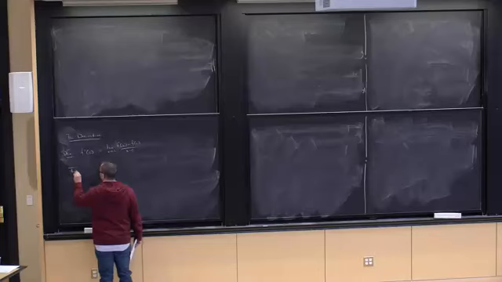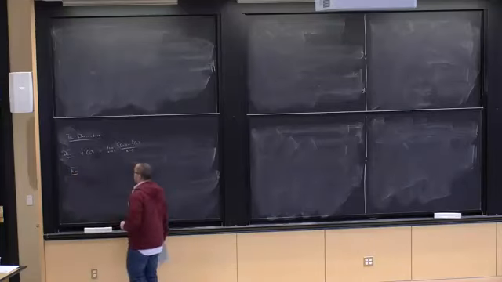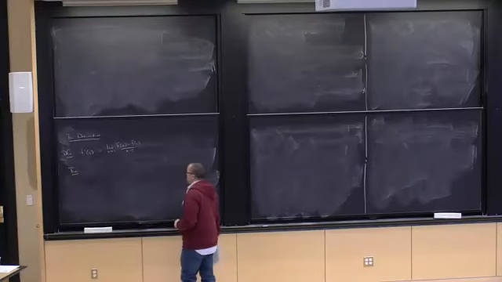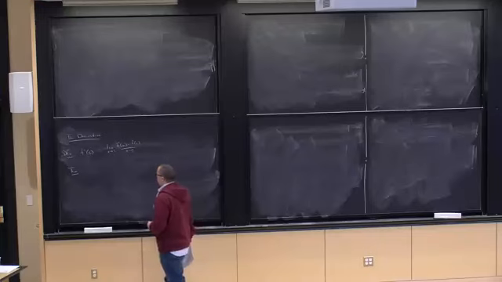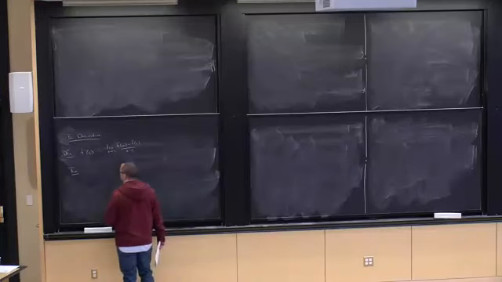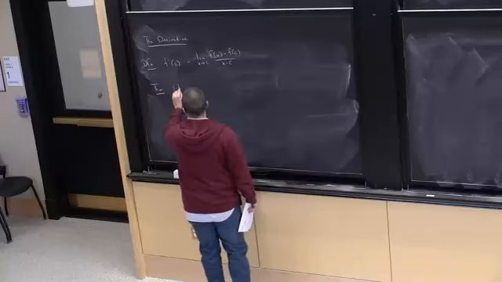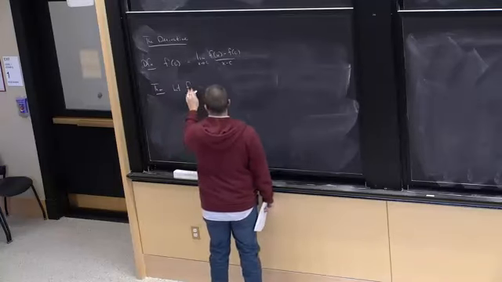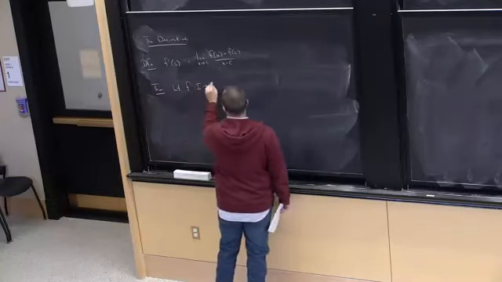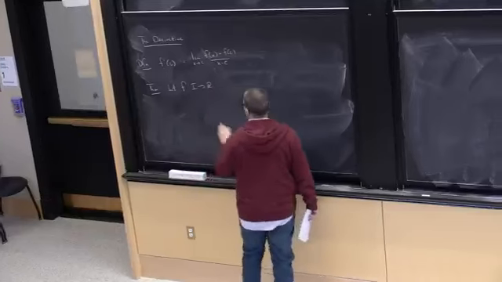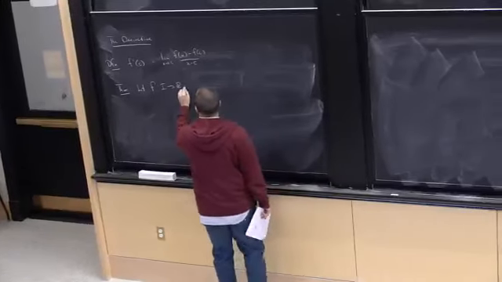So, first, let's do some basic, the basic linearity and rules for the derivative. So, let f go from I to R. I is always some interval.